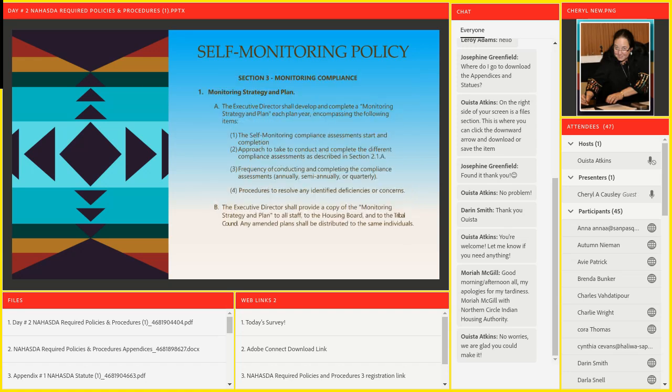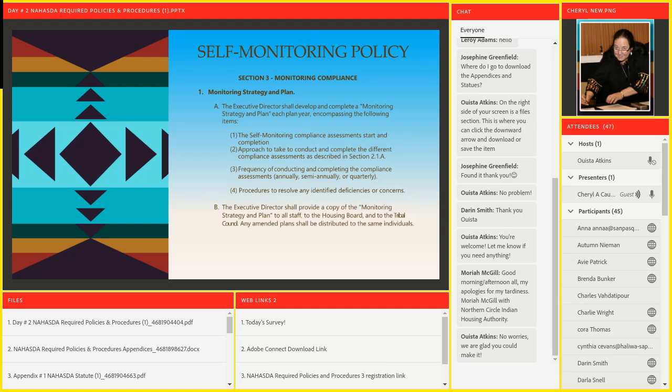Your monitoring compliance, your strategy, and your plan. Your ED shall develop and complete a monitoring strategy and plan each plan year encompassing the following items: self-monitoring compliance assessment start and completion, approach to take and conduct and complete the different compliance assessments as described in 2.1a, frequency of conducting and completing the compliance assessments, so you can do it annually, semi-annually, or quarterly, procedures to resolve any identified deficiency or concerns.